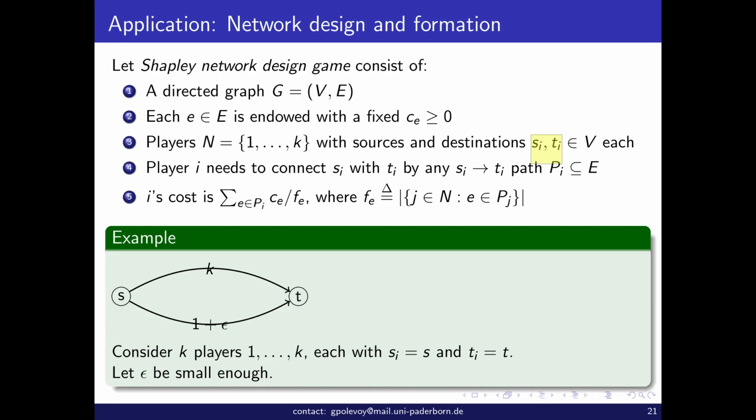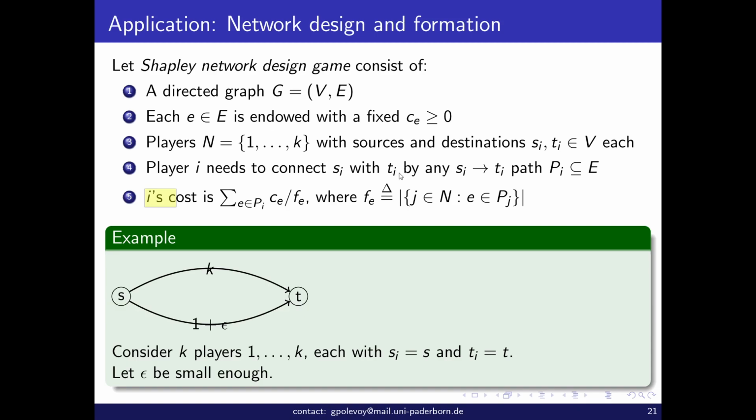And now player i needs to connect its source with its destination by a directed path from s_i to t_i, a path P_i, which can be seen as a set of edges. And the strategy of a player is choosing a path from its source to destination among the set of all the existing paths. And we assume that each player has at least one such path.